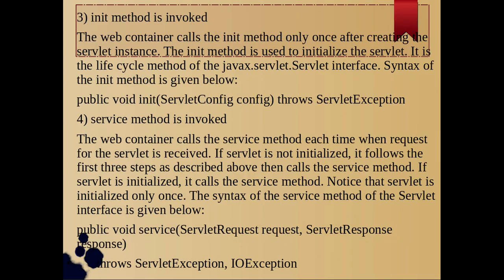The init method is invoked only once after creating the servlet instance. Until step 2 is complete, step 3, that means the init method, will not be invoked. Then the fourth step is the service method is invoked. After the init method gets invoked, the service method does its work.